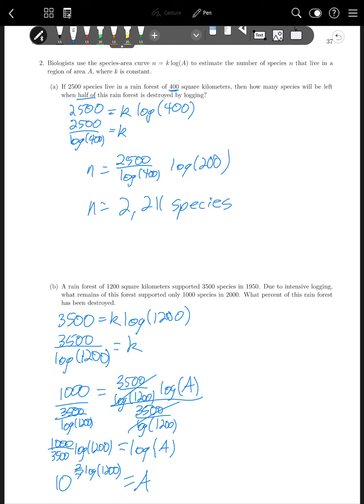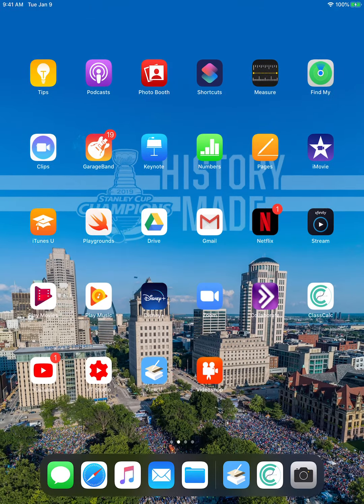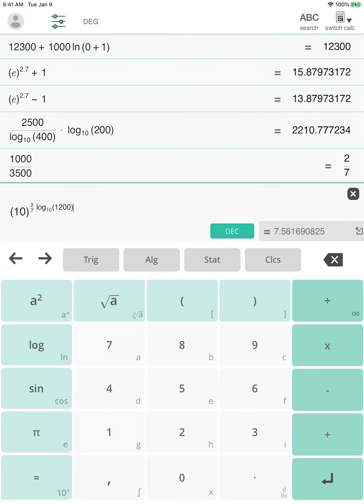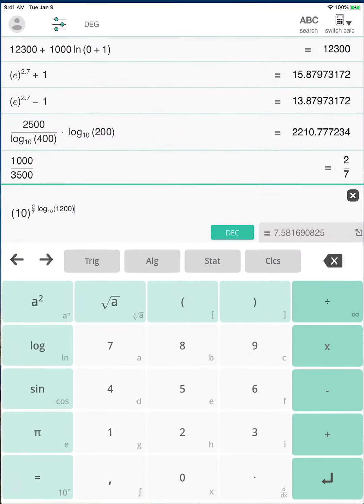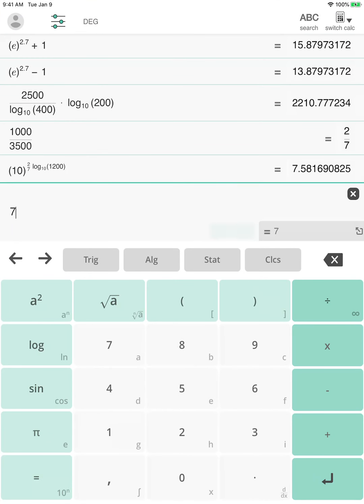So let's just make sure we did that right. Yeah, that looks right. So I'm getting 7.58 square kilometers is all that's left. And so they asked for the percentage. So to do that, you just take 7.58 divided by 1200 times 100.